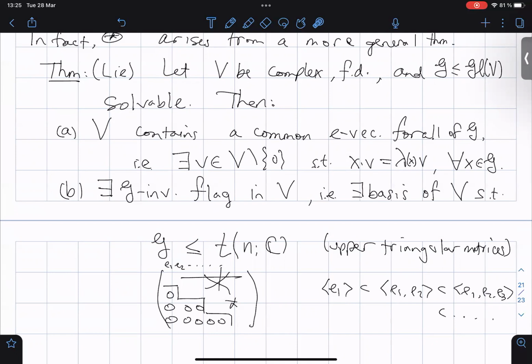You have a block and a subblock inside this matrix. Okay, so that's Lie's theorem.